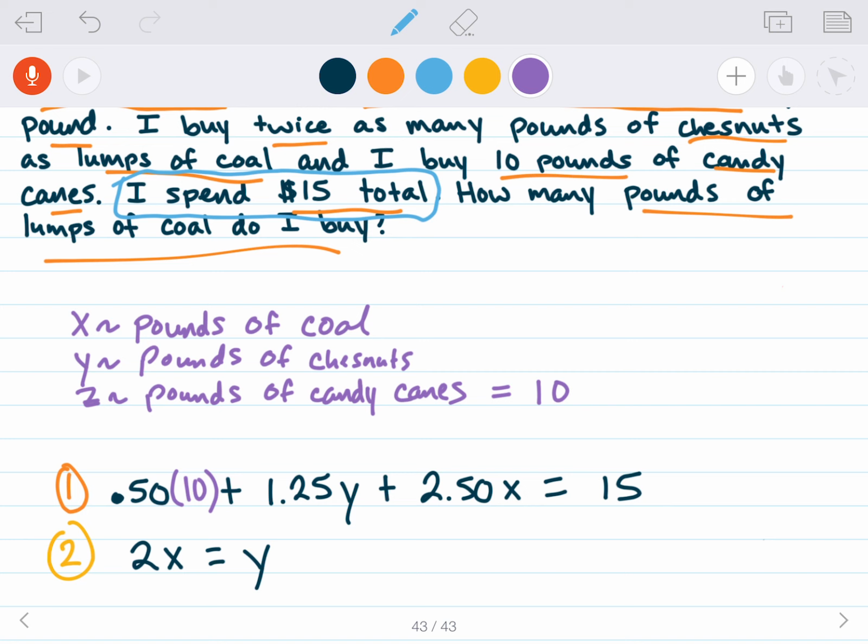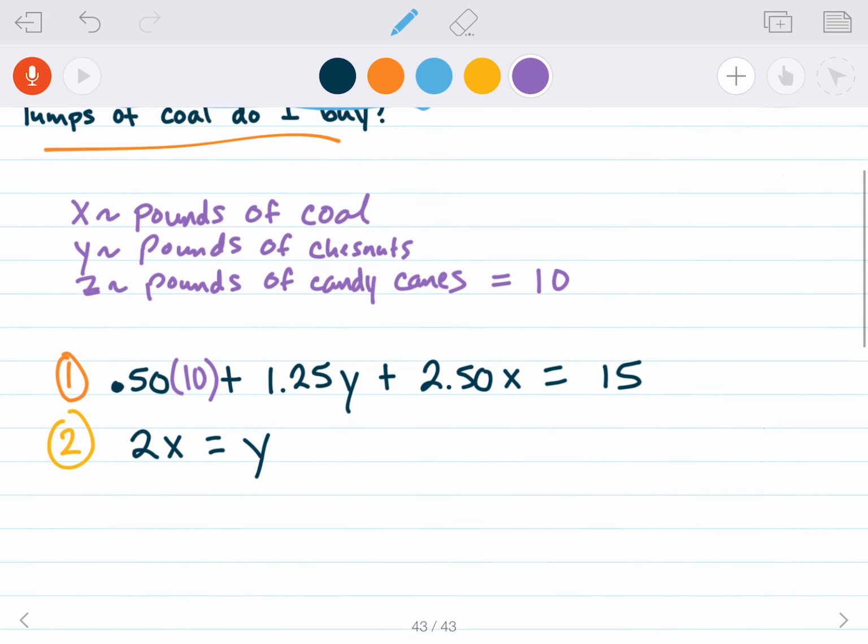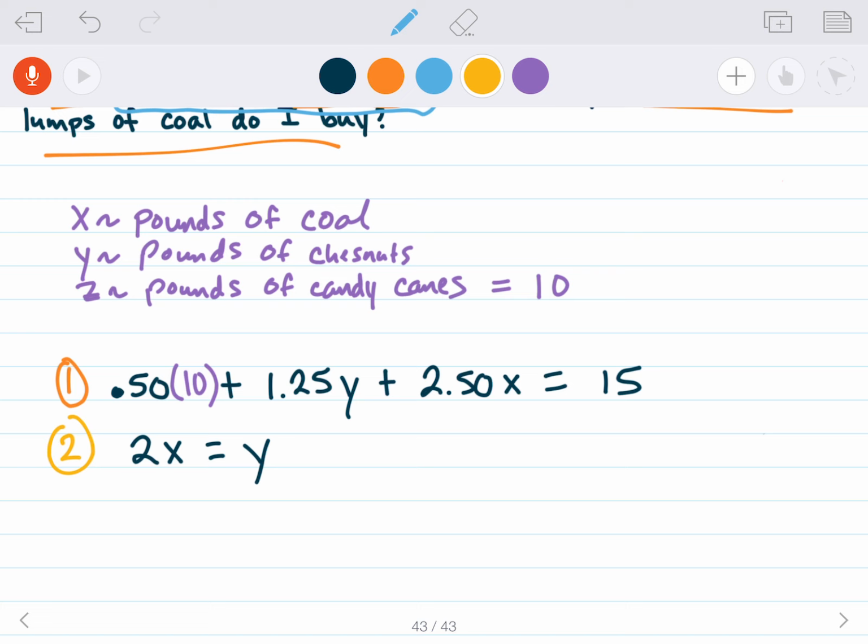I have 2 equations. I have 2 unknowns, x and y, and I know how to solve problems like this. Now, for me, it's tempting to use substitution because I see a variable by itself, which is y. So if I plug y in here, I can solve for x. So let's go ahead and do that.